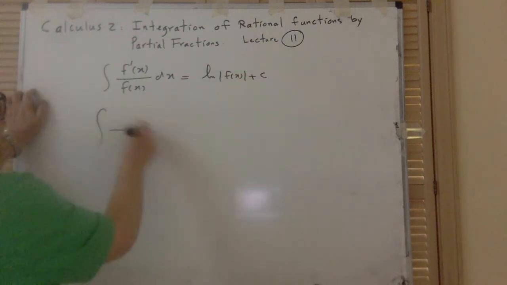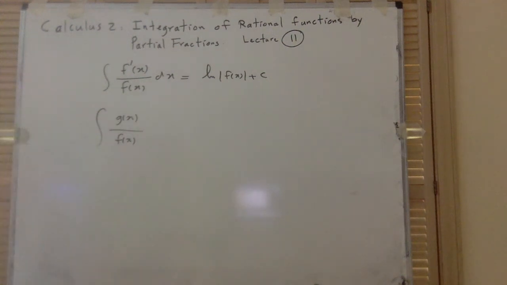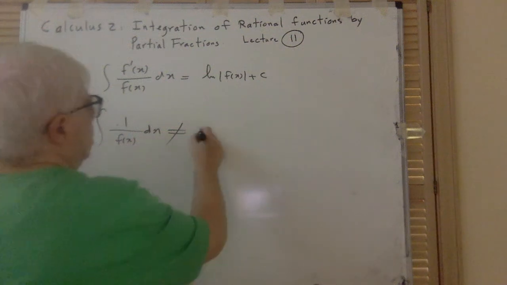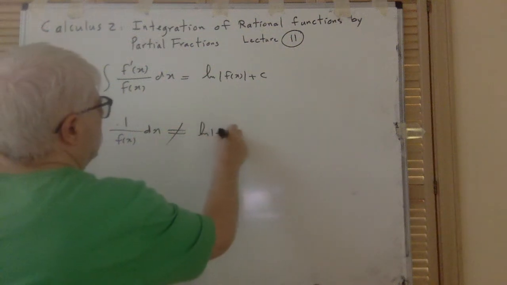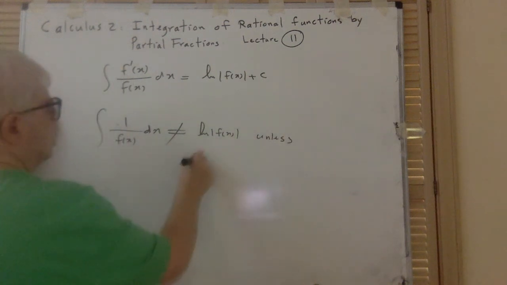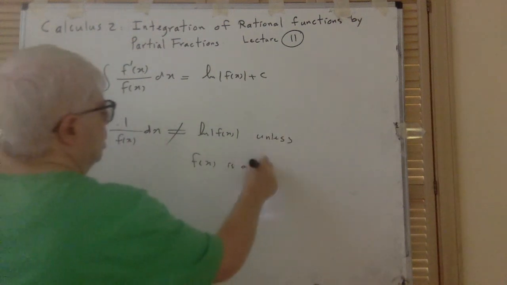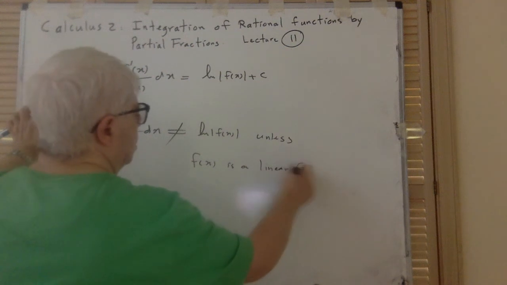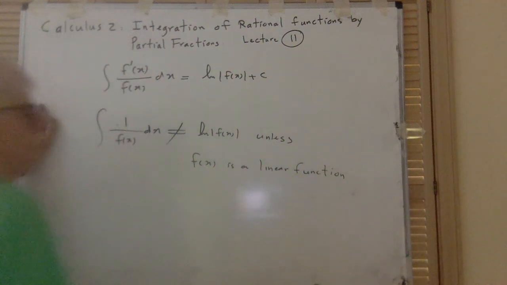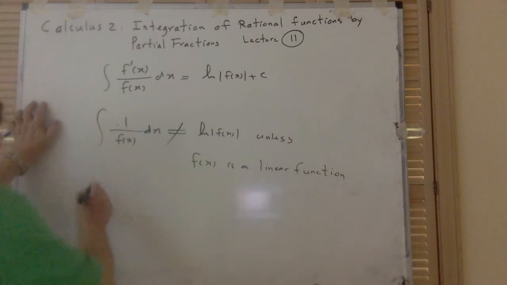But if I have something else here, gx over fx, or a constant, say 1, right? 1 over fx is not ln of fx unless fx is a linear function.